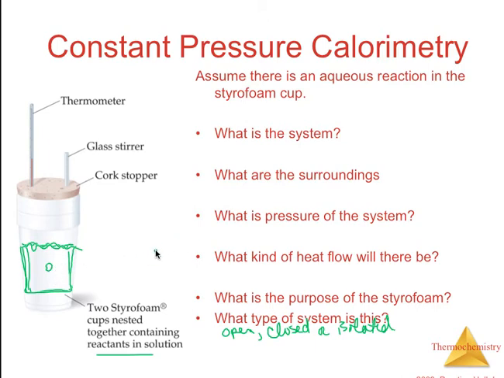So let's assume, because it's easier to think about it, that my aqueous reaction is exothermic. What will happen? If my aqueous reaction is exothermic, I could expect heat to be released from the reaction to the water.